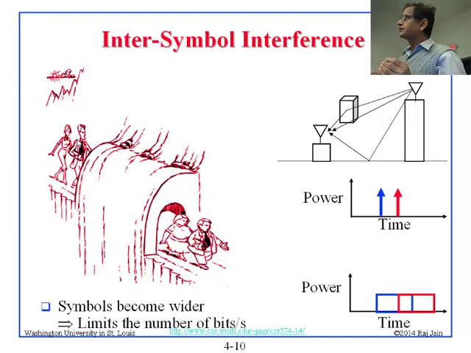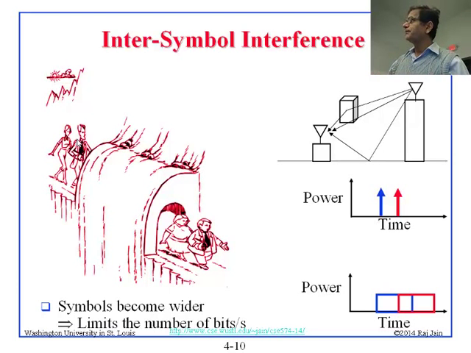You send 2 symbols and they start running into each other, so you really cannot distinguish between the 2 symbols, because you don't know which symbol you are receiving. This basically limits how many bits you can send, because if you send too many bits, they will be very close to each other, and you will be in trouble.